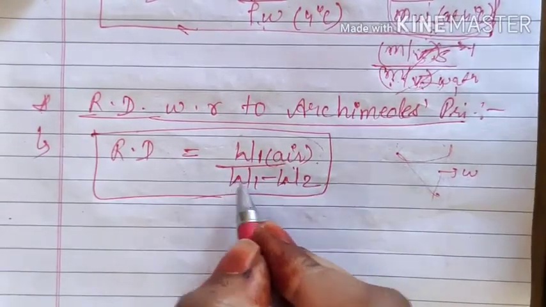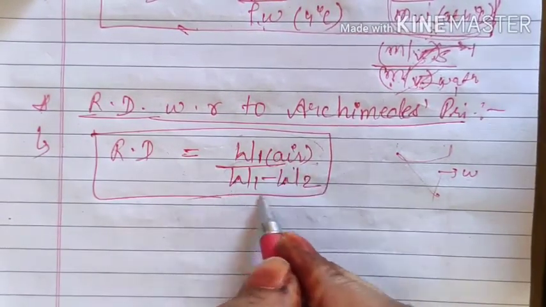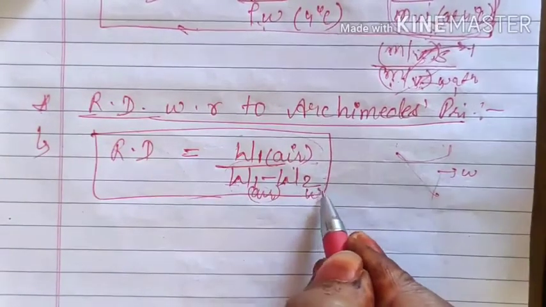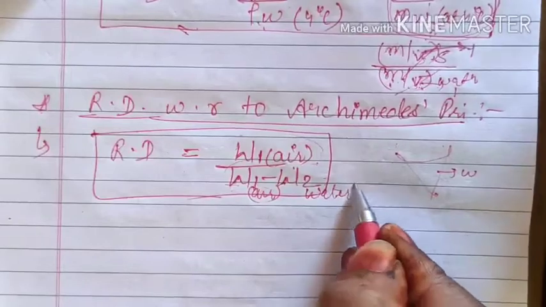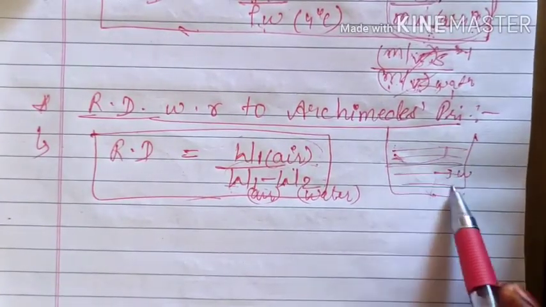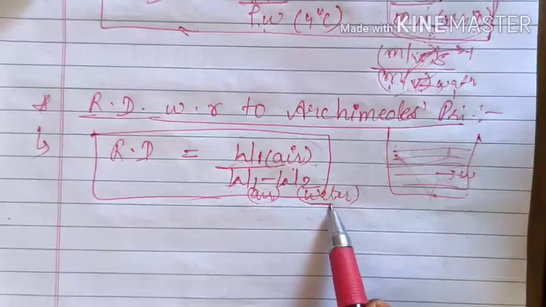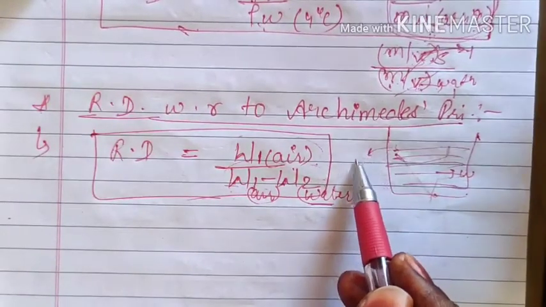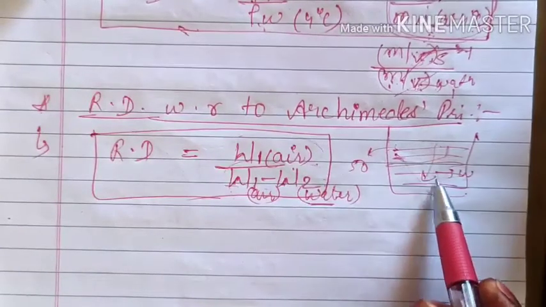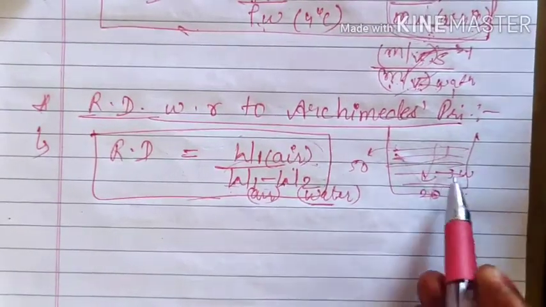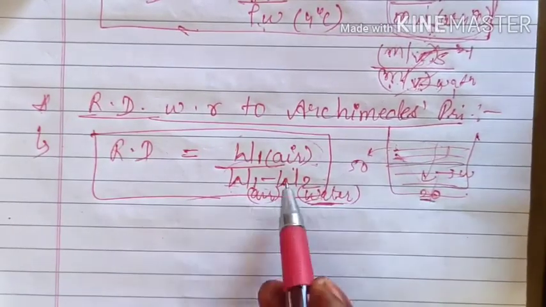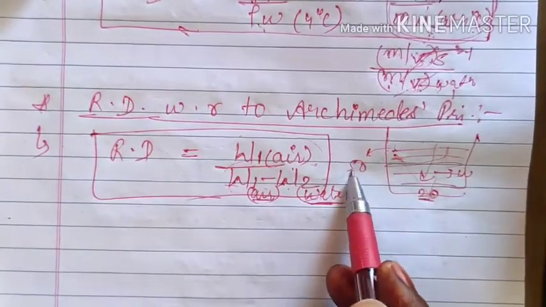Then this is the loss in weight, that means weight of the body in air minus weight of the body in water, because as soon as you dip your object inside the water, its weight will decrease. If outside in the air it was 50, then after putting it inside the liquid it will become 20. So obviously the weight of the object in water will be less and the weight of the object in air will be more.